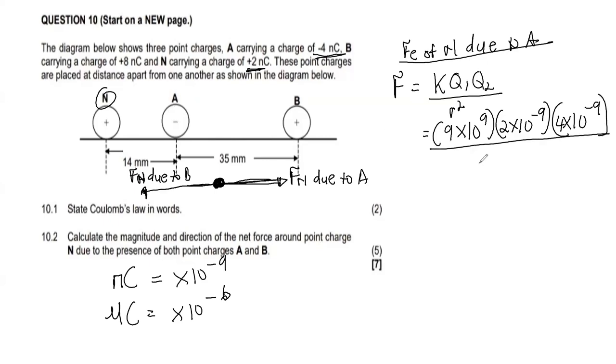Then over the distance in between charge N and charge A, which is 14 millimeters, right? But remember, we do not have our distance in millimeters, we need it in meters. Whenever we have millimeters and we want meters, we convert by dividing by 1,000.